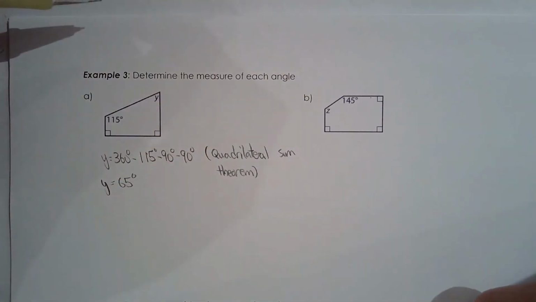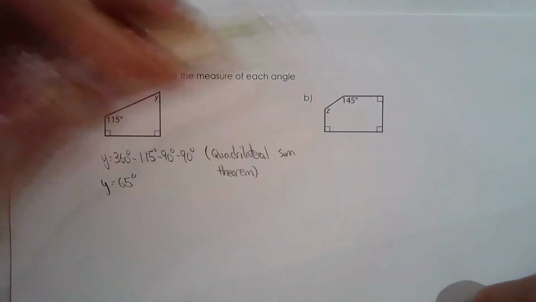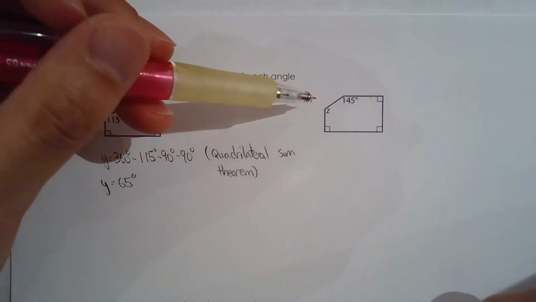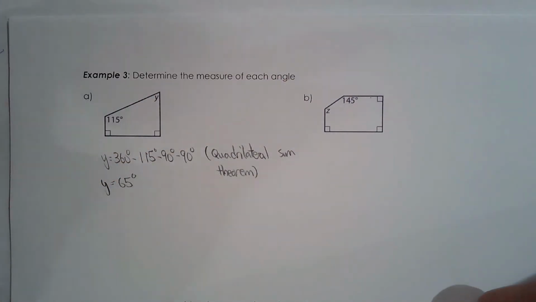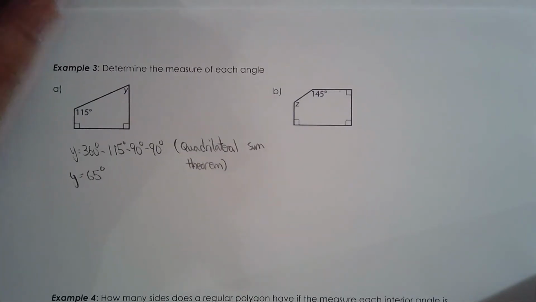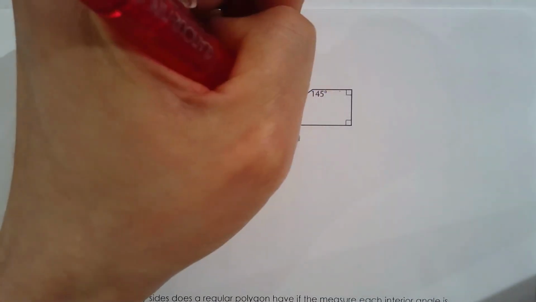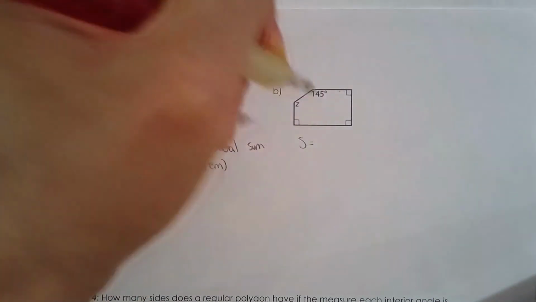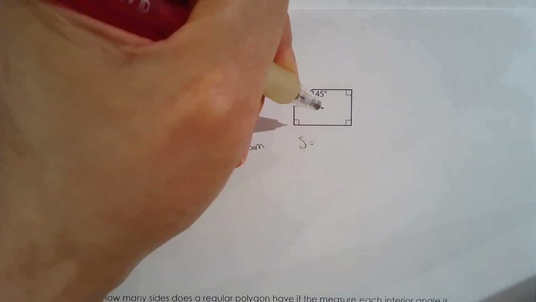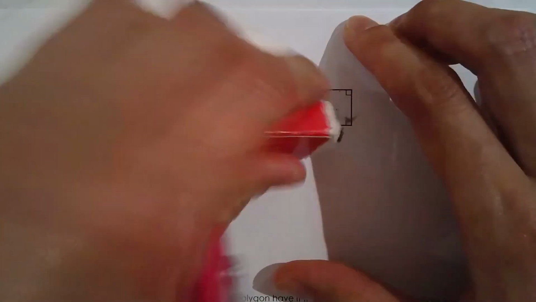For 3b, if you have the sum of the interior angles of a pentagon memorized, then you don't need to find that sum. But if you don't have it memorized, then you need to apply the sum of the interior angle formula. So I'm going to assume you don't have it memorized, but if you do, then go right ahead and solve for z. So the sum of the interior angles of a polygon is equal to, you know what, I'm going to build an equation.